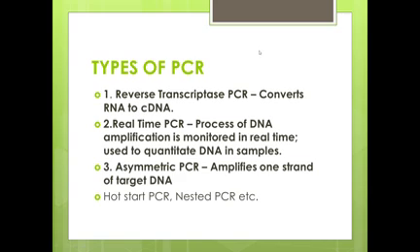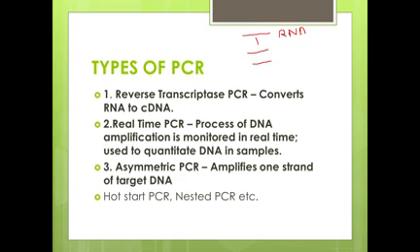Now PCRs are of several types, but the most common ones that are frequently used are reverse transcriptase PCR. This reverse transcriptase PCR converts an RNA molecule first into a cDNA molecule. RNA, as we know, is a single-stranded nucleic acid, ribonucleic acid.